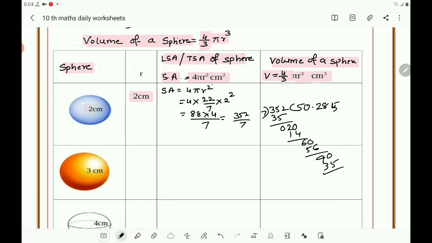Like this again it becomes 50, 7 7s are 49.